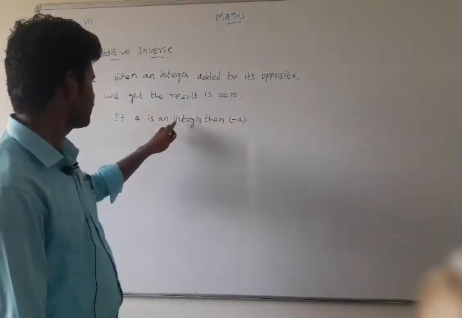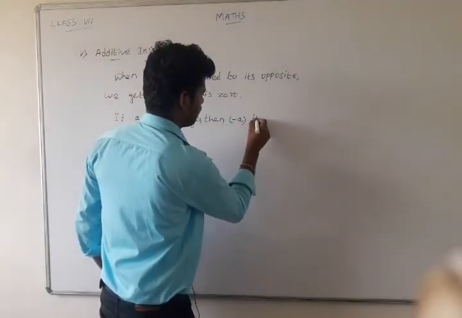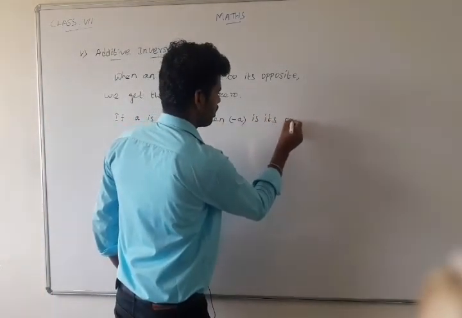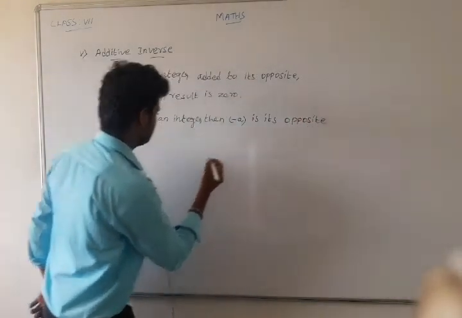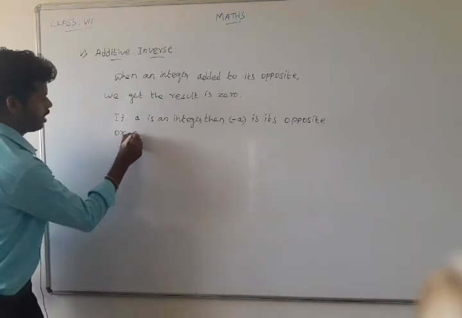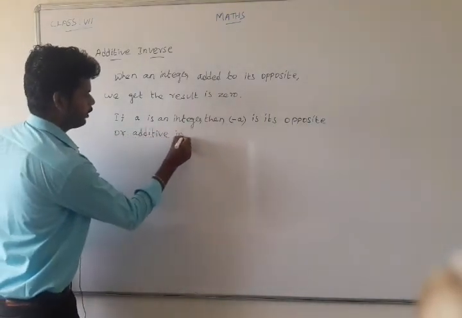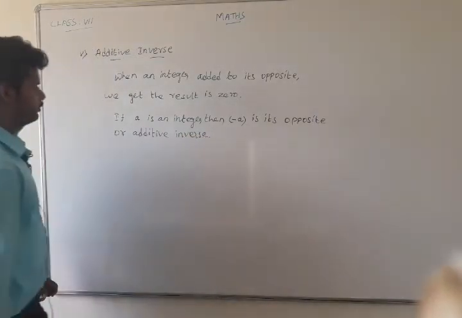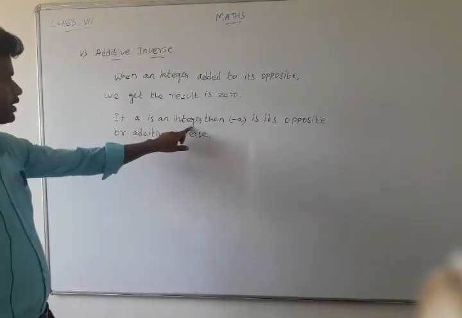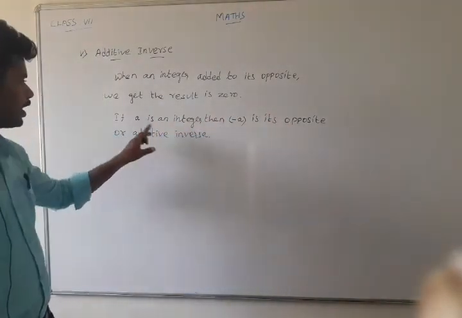So if a is an integer, then minus a is its opposite, or additive inverse. If a is an integer, then minus a is the opposite or additive inverse.